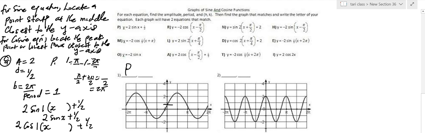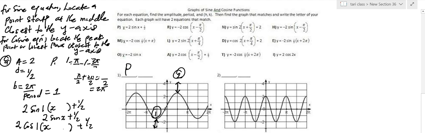Now, just like I said here, for a cosine equation, locate the peak point or lowest point closest to the y-axis. All right, there are 2 points here closest to the y-axis, that is the highest point and the lowest point. To me, this point here makes more sense, but someone else might decide to pick this point here. So let me call this one point 1 and this one point 2.